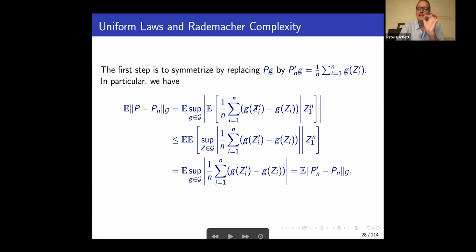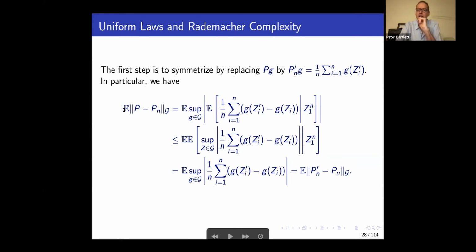And I'm taking the expectation, integrating out this ghost sample, a new sample I'm just imagining, Z1 prime through Zn prime. These have exactly the same distribution. So when I take an expectation of an average of these G of Zi primes, that's just the expectation of G for this term. And the second term is the sample average.